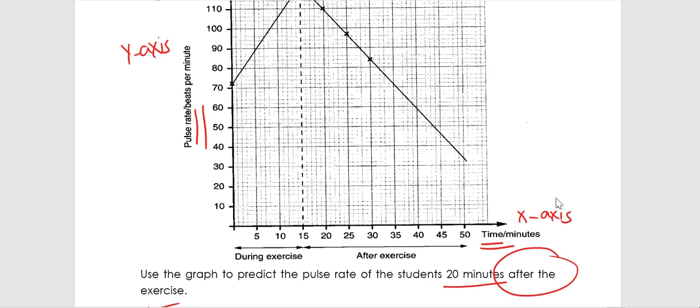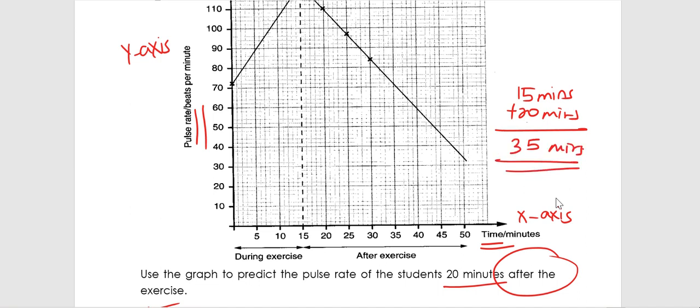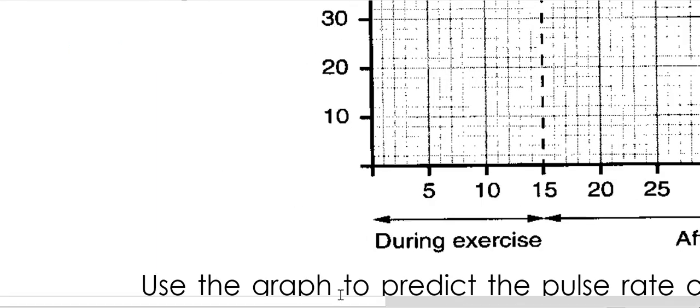So we have 15 minutes of exercise, so 15 minutes plus 20 minutes. We want to look at the graph at 35 minutes. So we have here 35. What you're going to do is go up here at that point of the graph, and then we're going to see on the left side here.